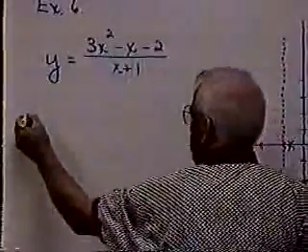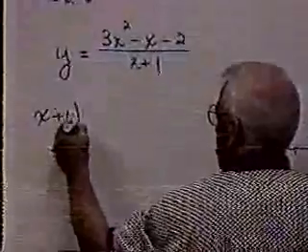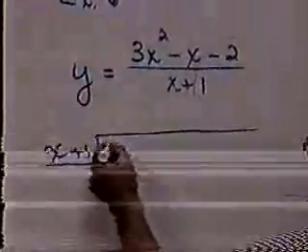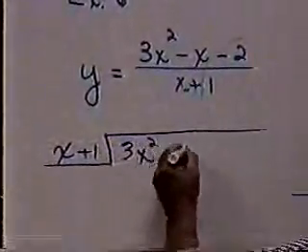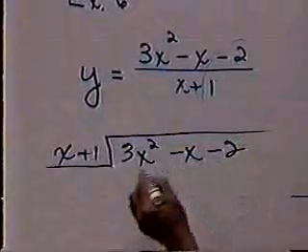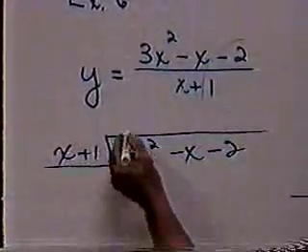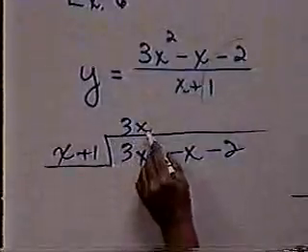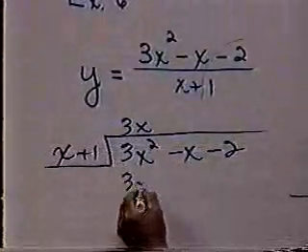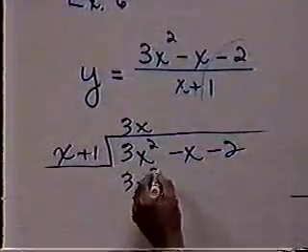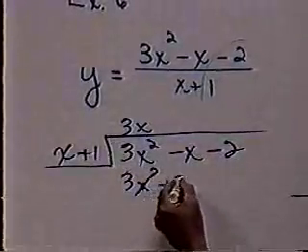We must come over here and say x plus 1 divided into 3x squared minus x minus 2. So x will go into 3x squared, 3x times. 3x times that's 3x squared. 3x times 1 is a plus 3x.